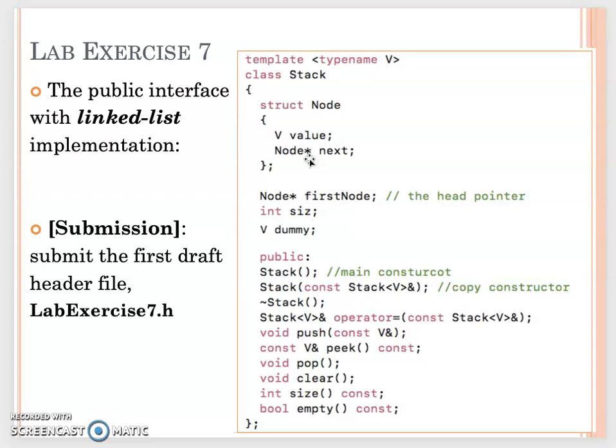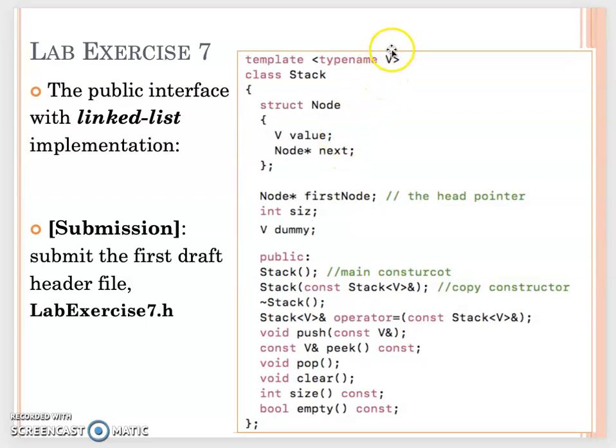For this stack implementation, we only need the singly linked list, and we will use the next pointer to refer to the next node. Later we will show you why we're using the next pointer. Then it can perfectly show us the stack implementation.